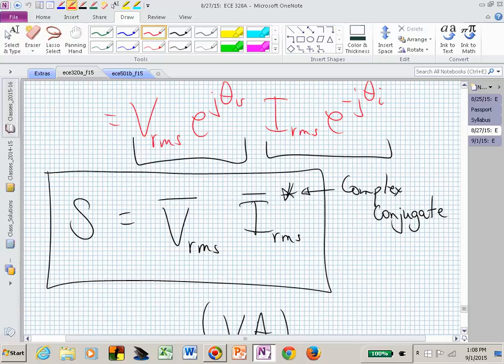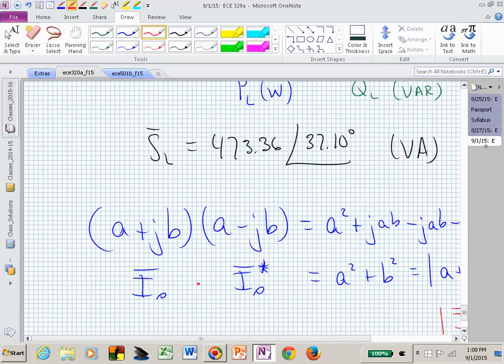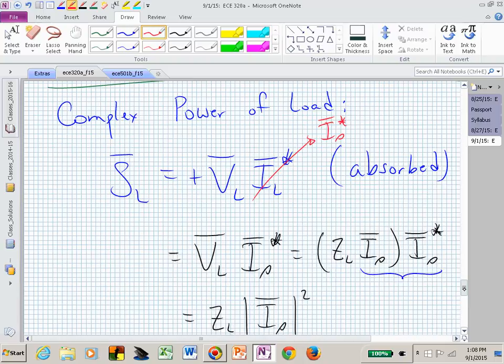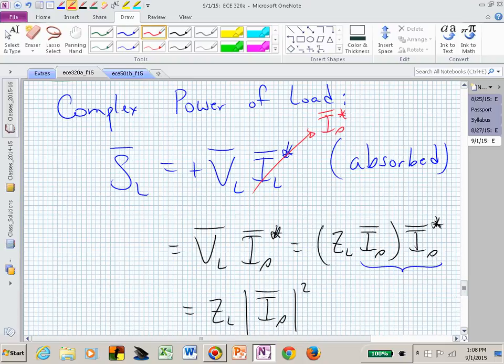Did that answer that question? That was where we got the formula for complex power, which we continue to use, so you want to be comfortable with that, but it's just VI star, where V and I are both in RMS and they're phasors.